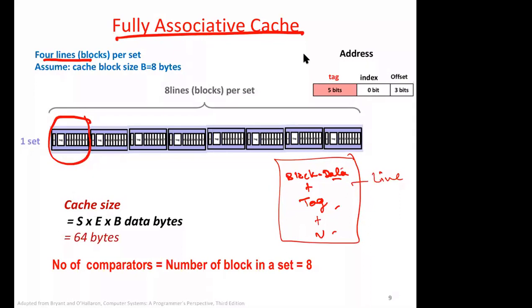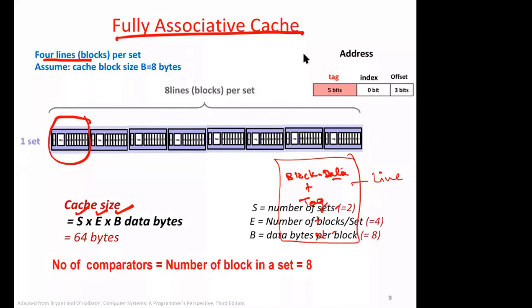And then the cache size becomes number of sets times E, where E is associativity, basically the number of blocks per set, times how many bytes are there in each block. So this is the way we calculate the cache size.